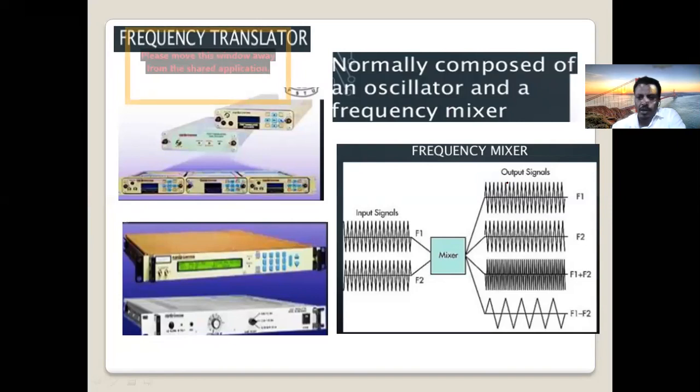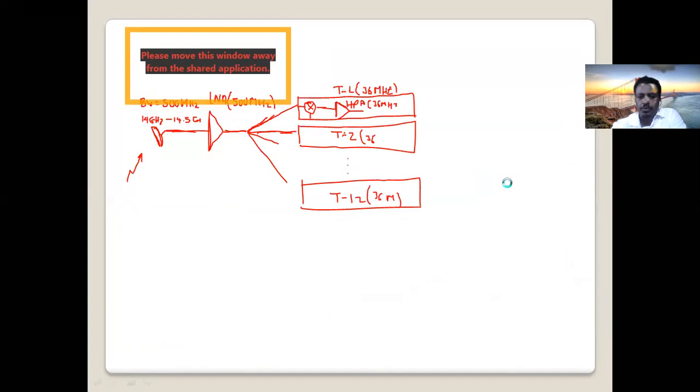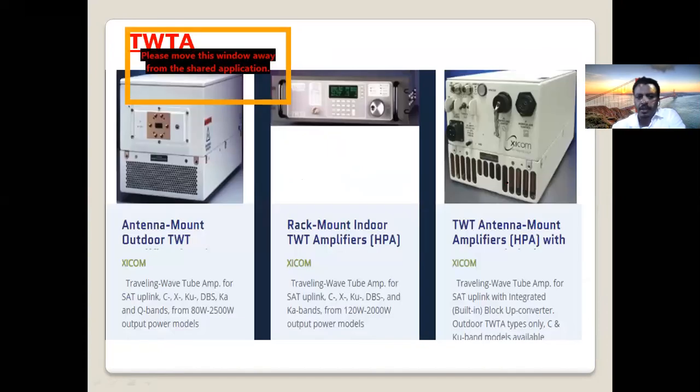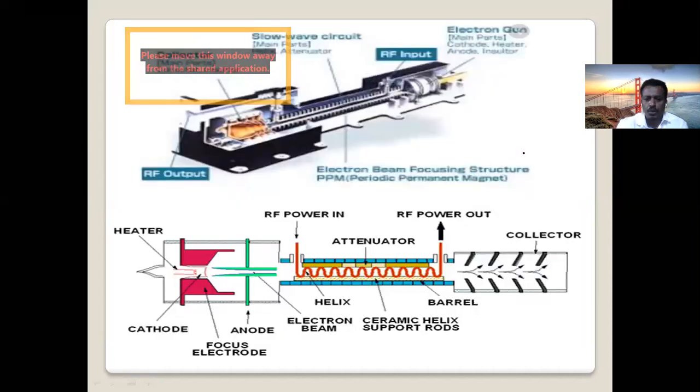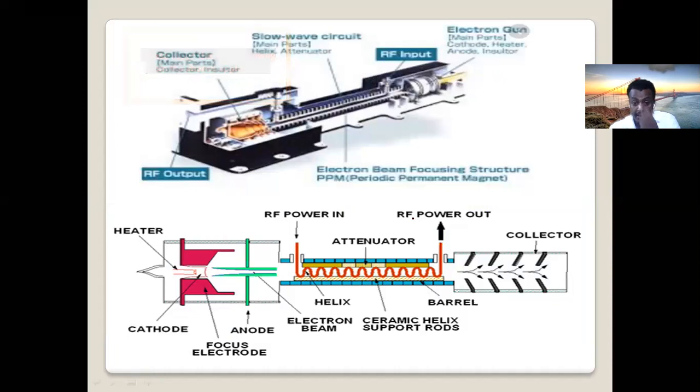What is the high power amplifier used in most satellites called? The traveling wave tube amplifier, TWT amplifier. As you can see here, these are different types of traveling wave tube amplifiers. It is a tube amplifier. We have discussed this in radar also, because they are common in radar.